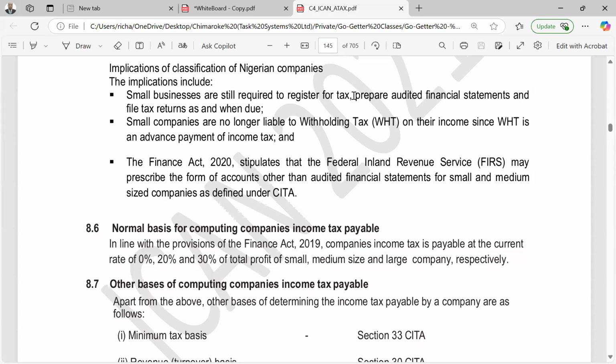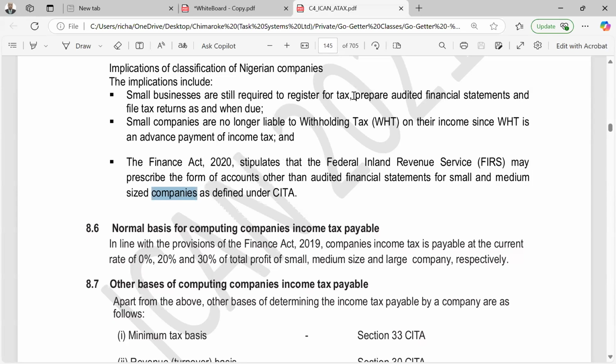Right now, they're accepting management accounts, management financial statements, which is still prepared like the audited statement, but you won't be seeing auditors' comments, auditors' reports will not be there, and so they will submit it that way, and it's acceptable.